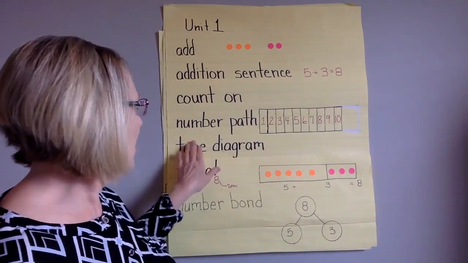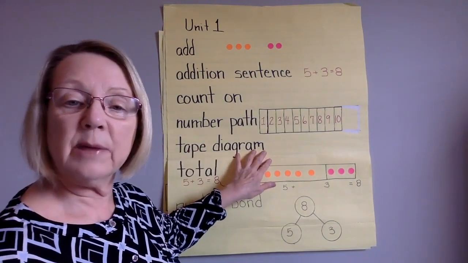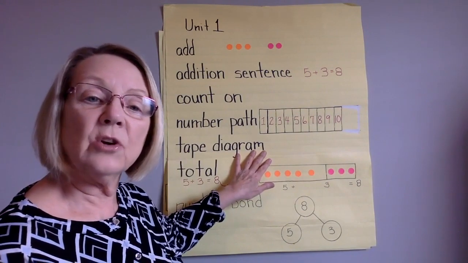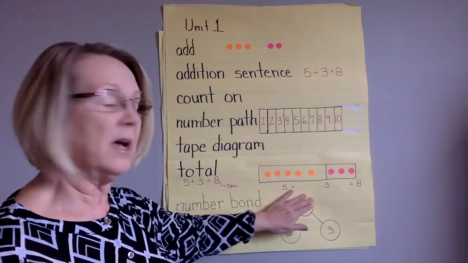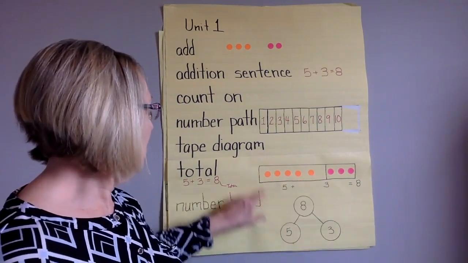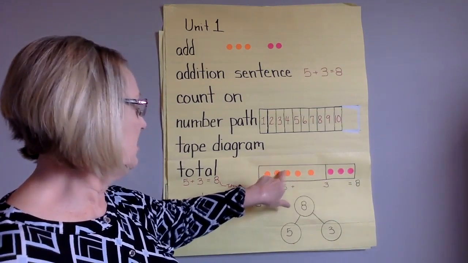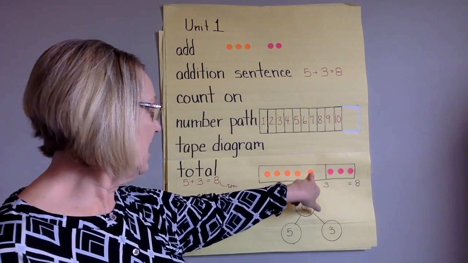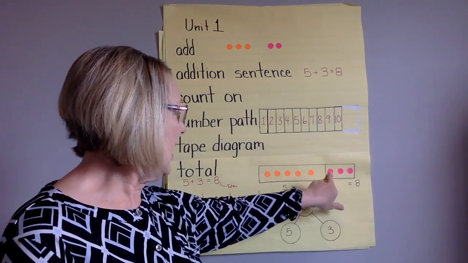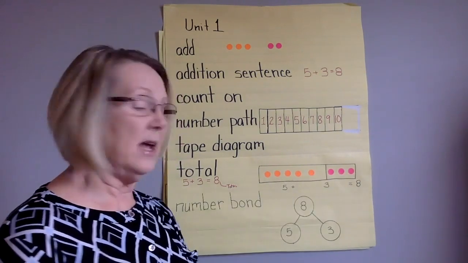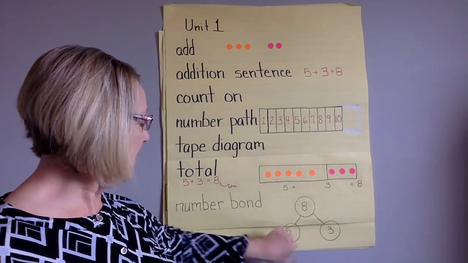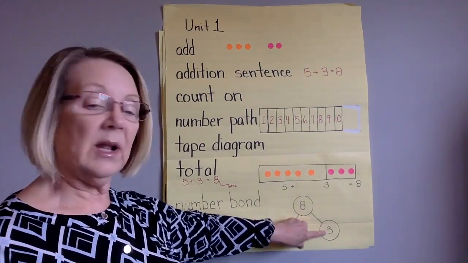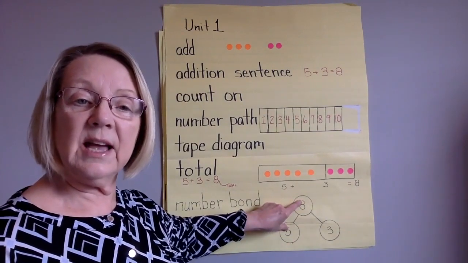All right, and we've also used a tape diagram some this year in learning how to add and subtract. Here's a tape diagram where we say we have 5, 1, 2, 3, 4, 5, and then we add on 3 more to get 8. And of course we have the number bond where we say 5 plus 3 is 8.